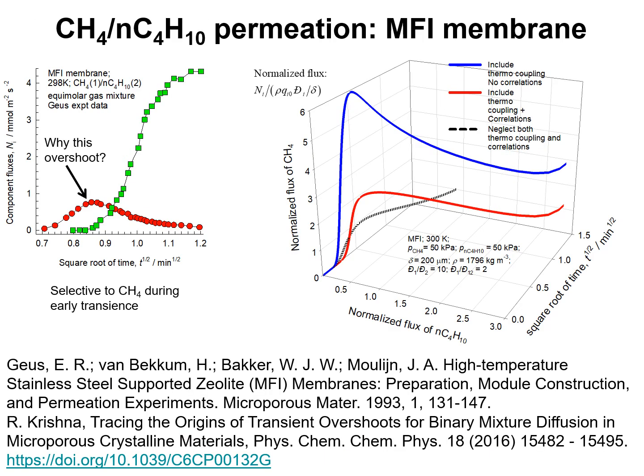We start with analyzing the experimental data of Hexane, published in Microporous Materials in 1993, showing the experimental data on transient permeation of mixtures of methane and normal butane across an MFI zeolite membrane.